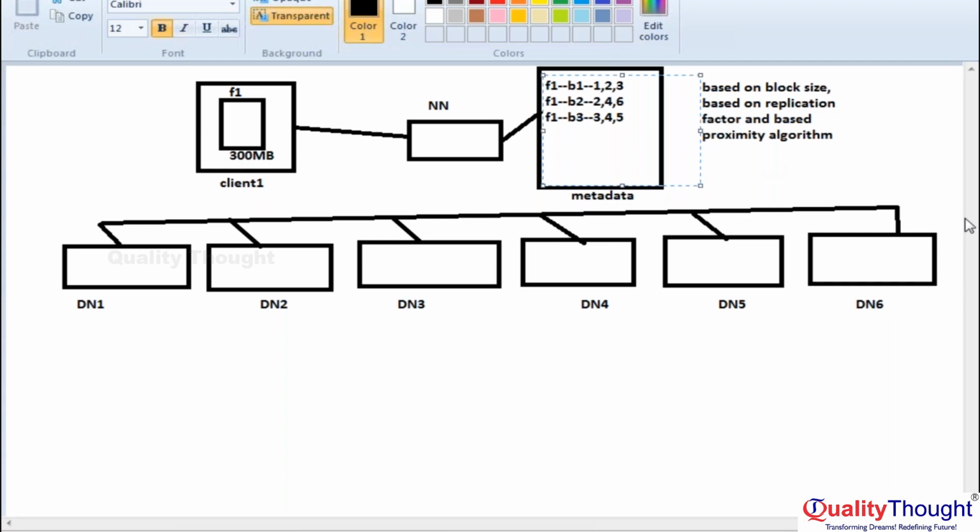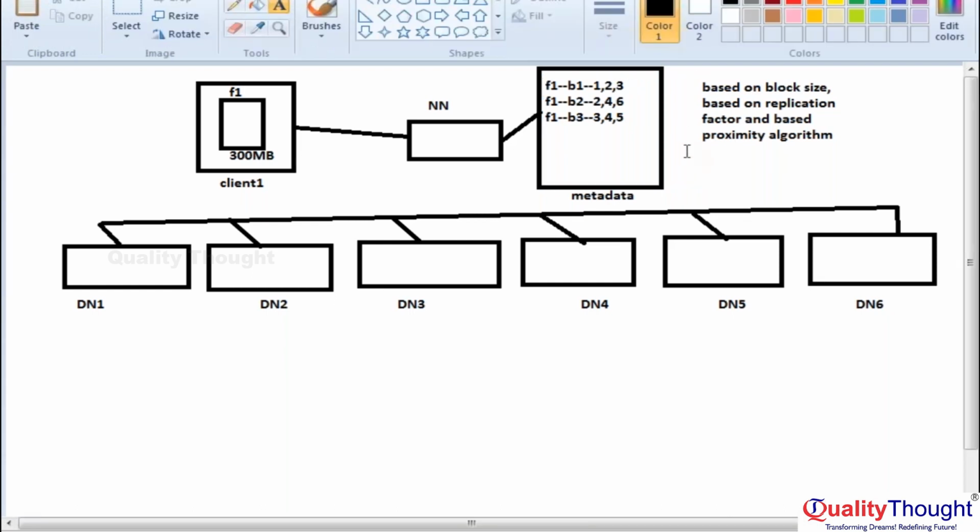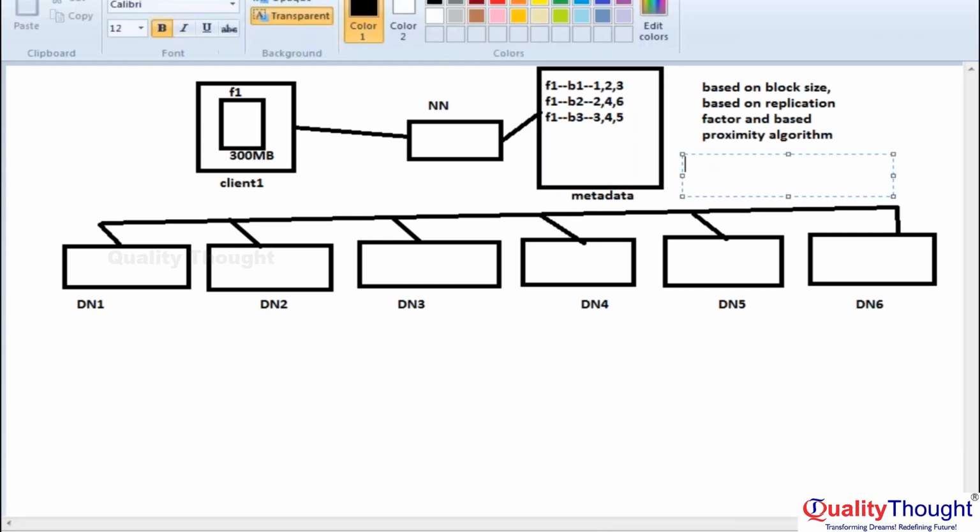Data node 1, 2, 3 is the data nodes information. I said in the previous class, metadata is a mapping between file to block and block to data nodes list. I think you may have missed the previous class.